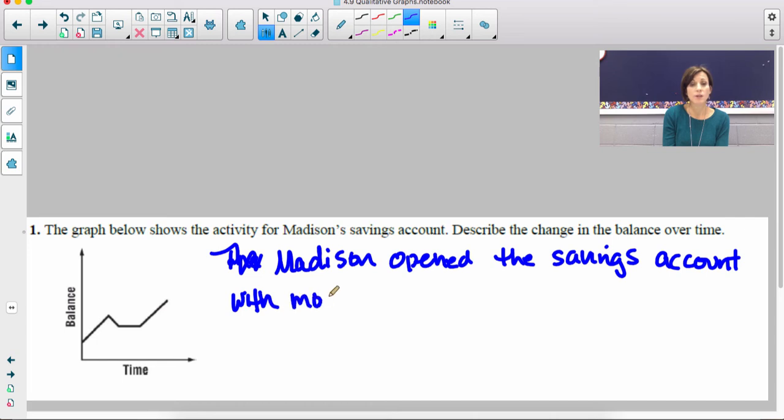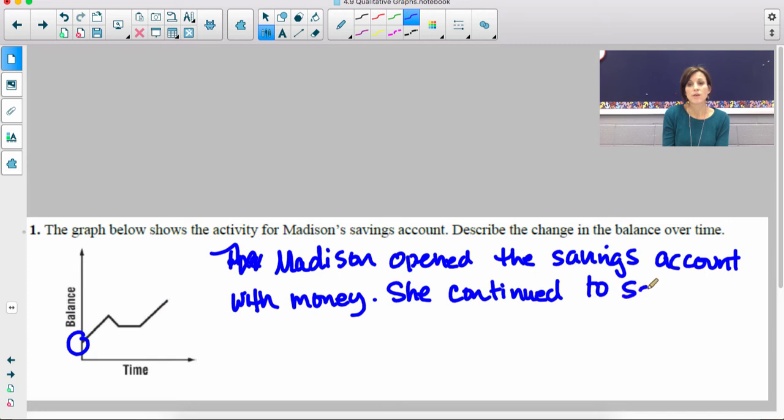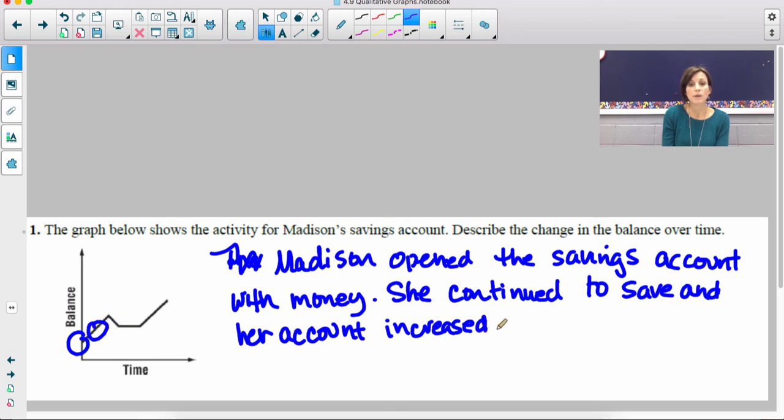She had money to start with. At this point, she had some money. She continued to save, and her account increased. So that's what's going on as the line's going up.